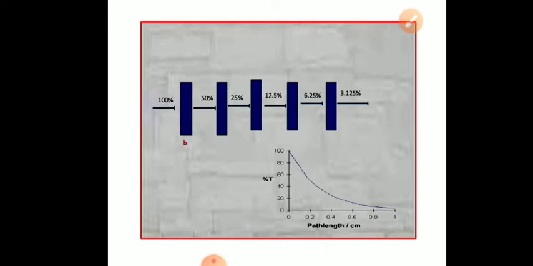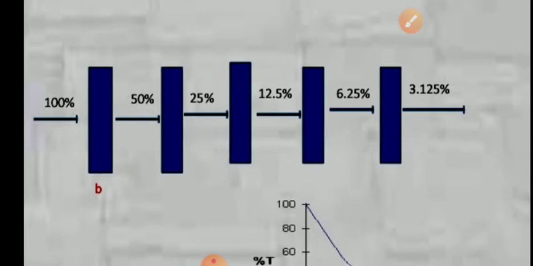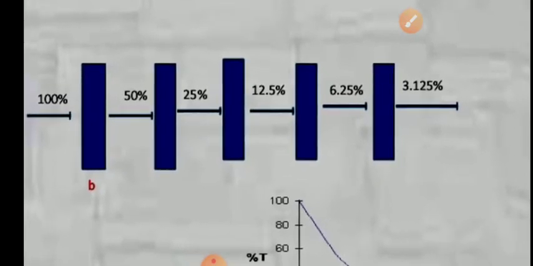So the Lambert-Bouguer law says the amount of light absorbed is directly proportional to the thickness of the absorbing material. Look at this diagram. Suppose 100% light is incident on a sample tube having thickness b. If it absorbs 50% light, 50% is transmitted.